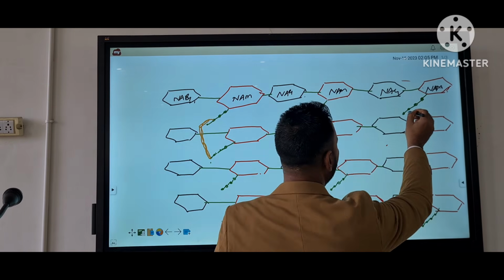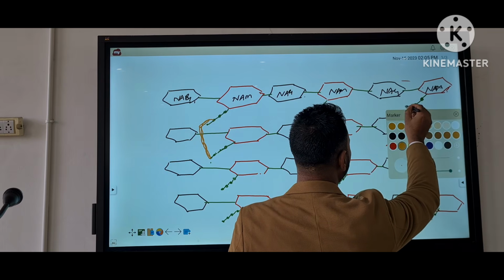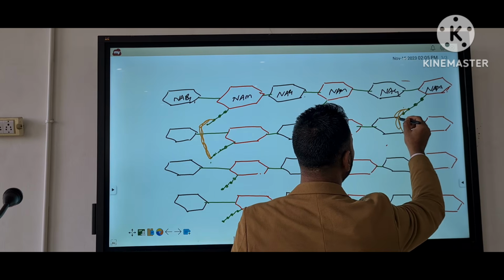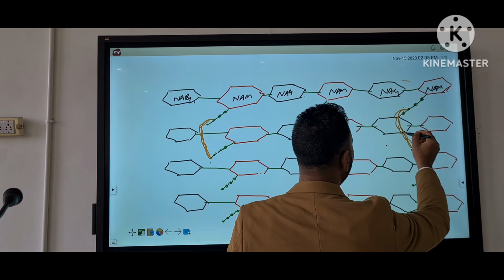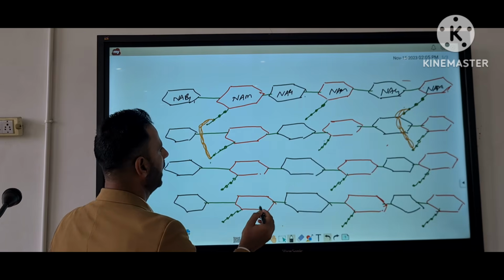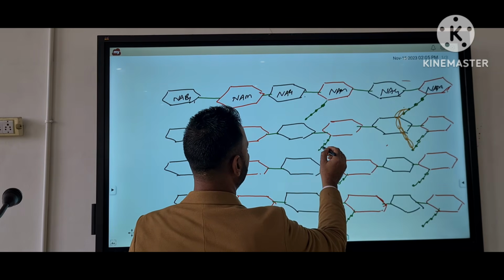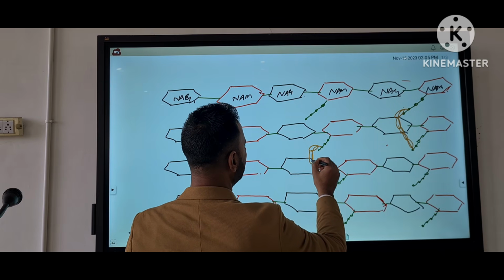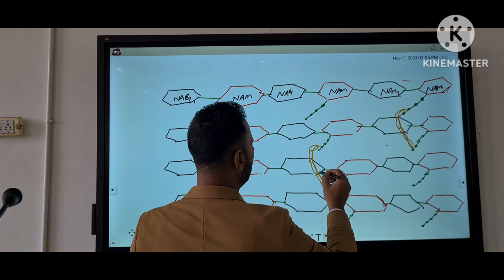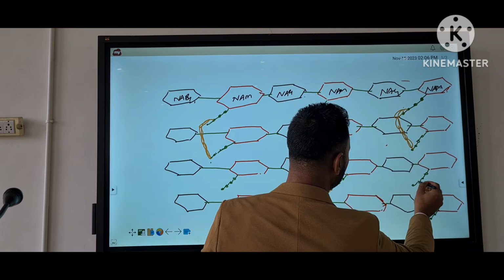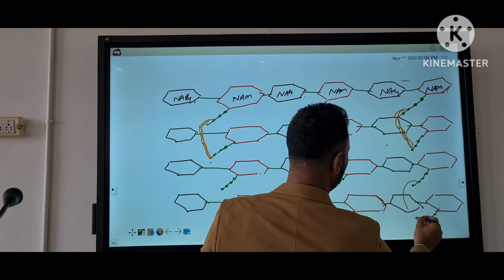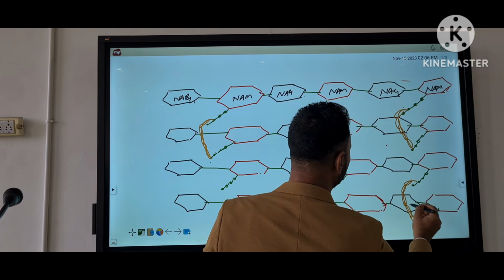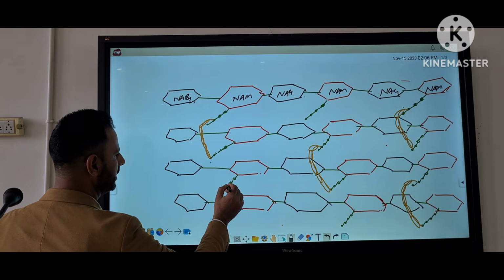Here again, 3rd with the 4th. Pentaglycine interbridge, 1, 2, 3, 4, and 5. Here I can also join 3rd with the 4th. I can connect this with this with this.